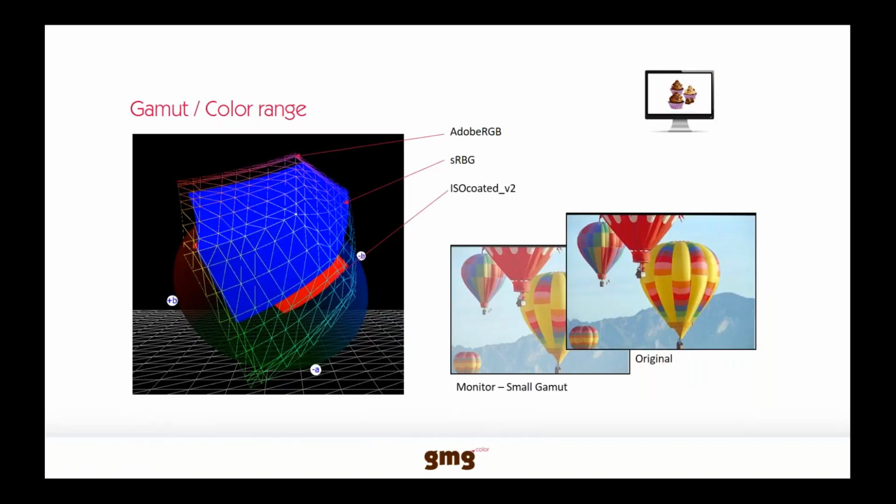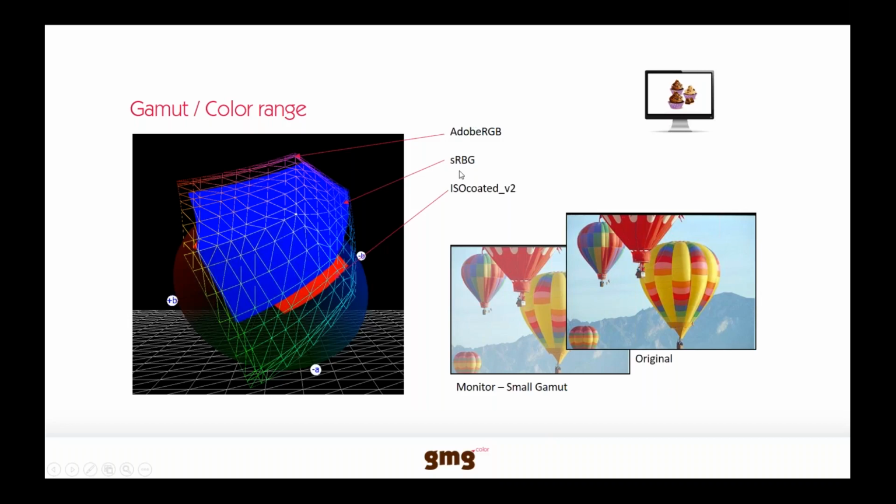Here you can see a comparison of different monitor gamuts or color ranges. On the right-hand side, first you see the original. That's a very colorful, saturated image, and a monitor with a small gamut will show you a result more like this. On the left-hand side you now see different gamuts. The widest outside is Adobe RGB, nearly the biggest gamut here.